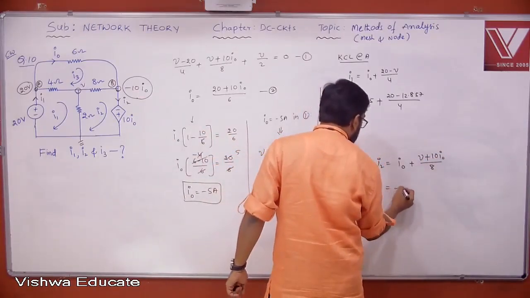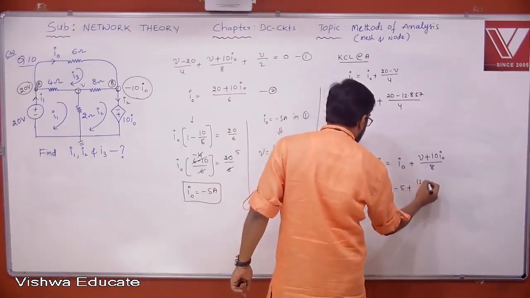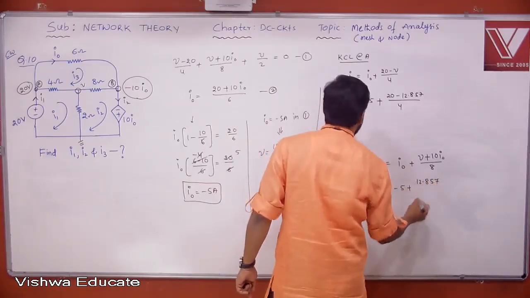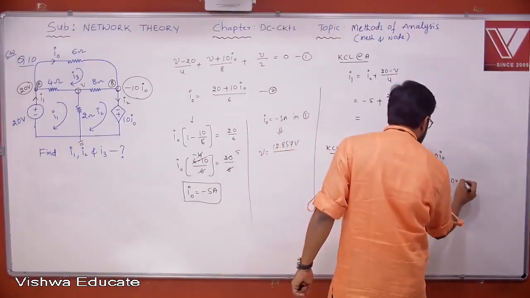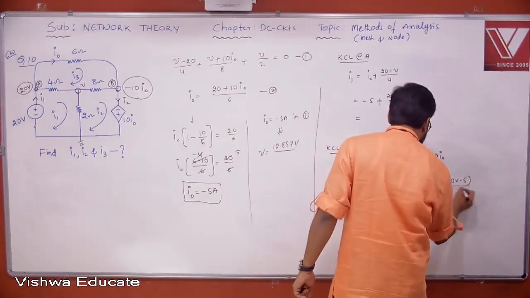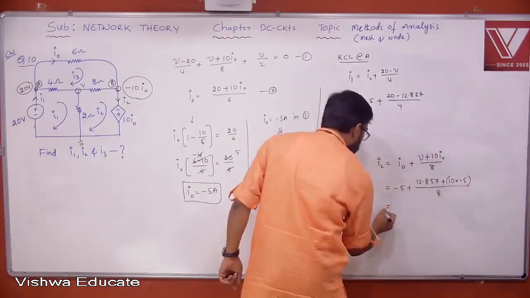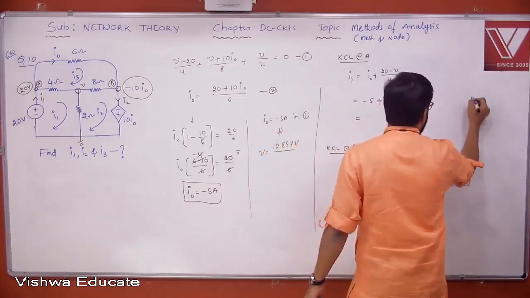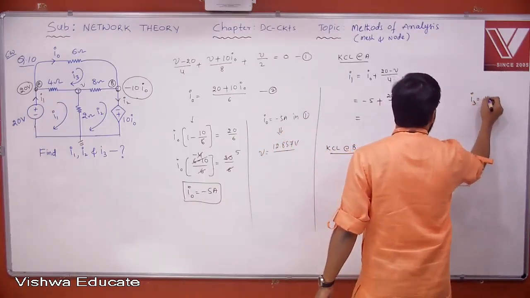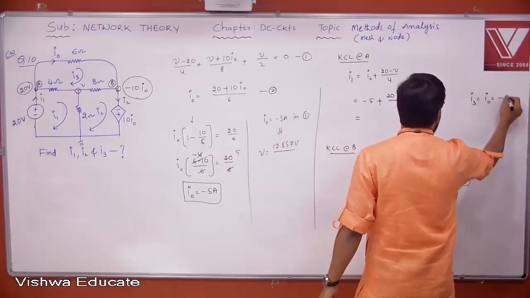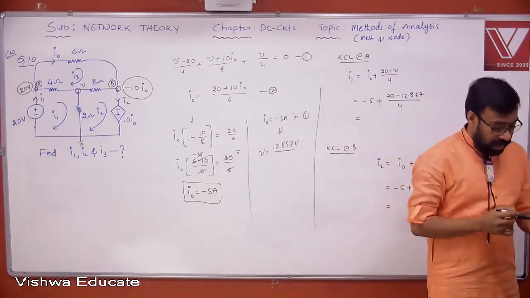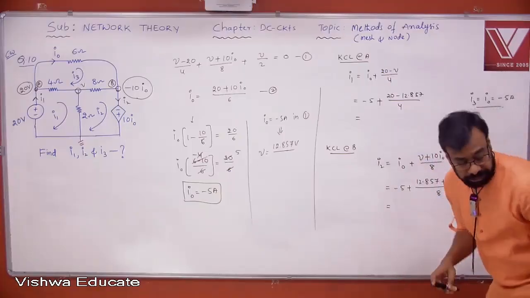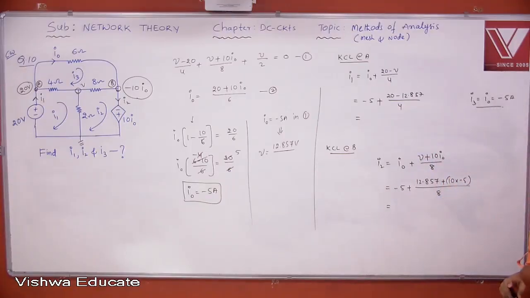So substitute here minus 5 plus 12.857 plus 10 into minus 5 by 8. Just find this value. And I naught is nothing but minus 5 ampere. Just note down this and also calculate them.